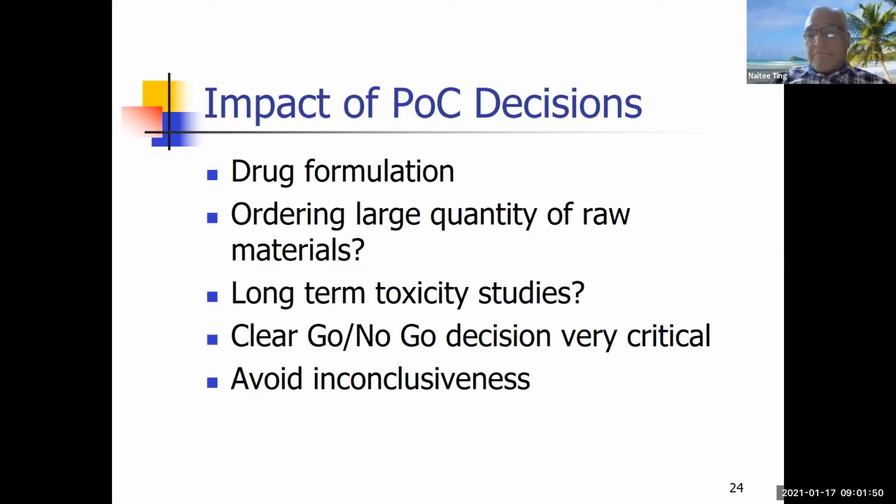The concept is not proven; you don't know whether the drug works or not. And also, before POC, you don't have to order large quantities of raw materials. This is very important from a development planning way of thinking.